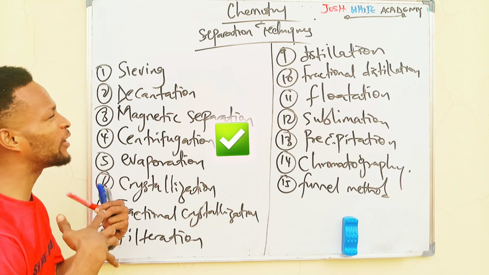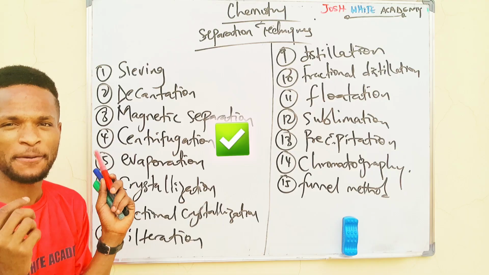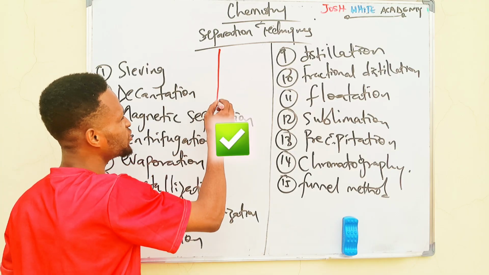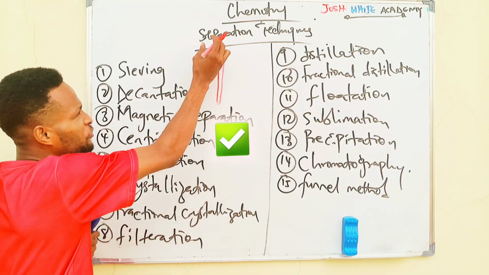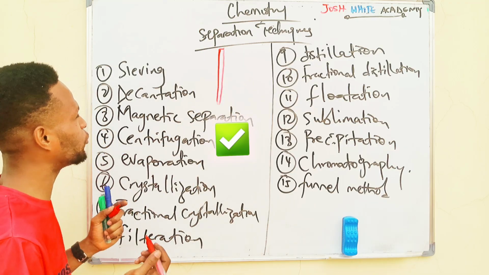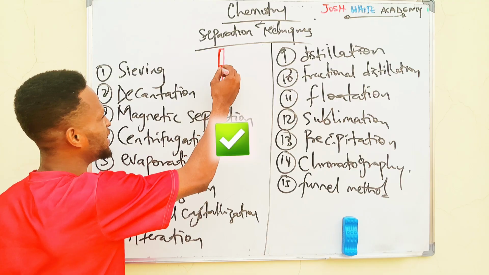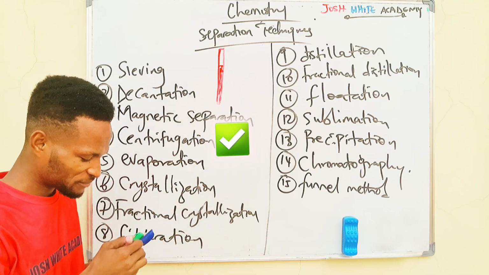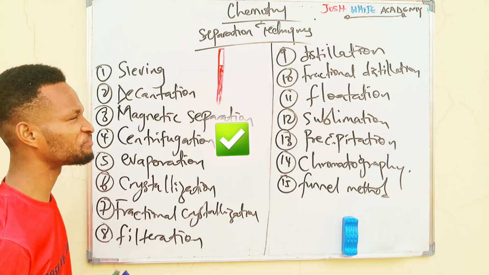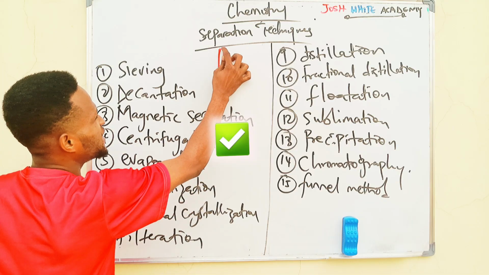So for example, I want to take the PCV test, packed cell volume. The centrifuge tube looks something like this. Blood is taken from the patient or the subject and placed in the centrifuge tube, placed in a centrifuge machine and balanced so that it doesn't spill, and also sealed.